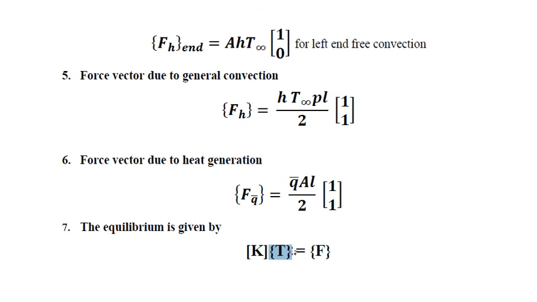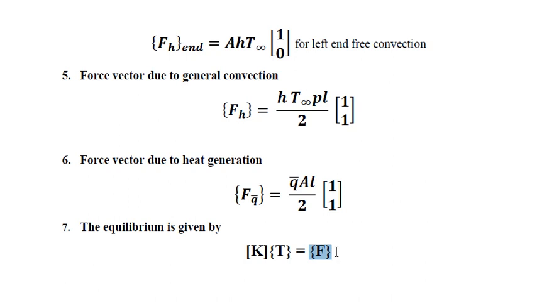Temperature is the unknown variable that we have to find here. What we find in the entire analysis of heat transfer is the temperature vector, the temperatures at each node. Temperature is nodal. K is the global conduction matrix, T is the temperature vector, and F is the force vector.